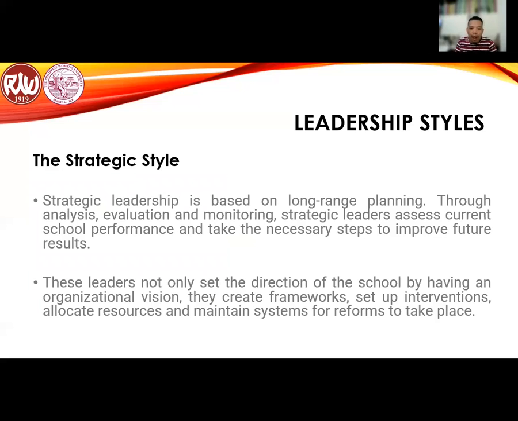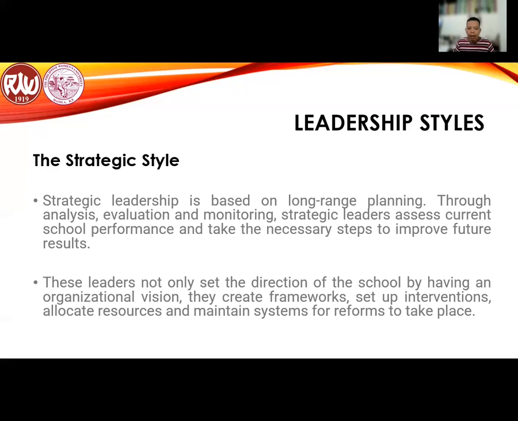When it comes to strategic leadership, it is based on long-range planning. Through analysis, evaluation, and monitoring, strategic leaders assess current school performance and take the necessary steps to improve future results.